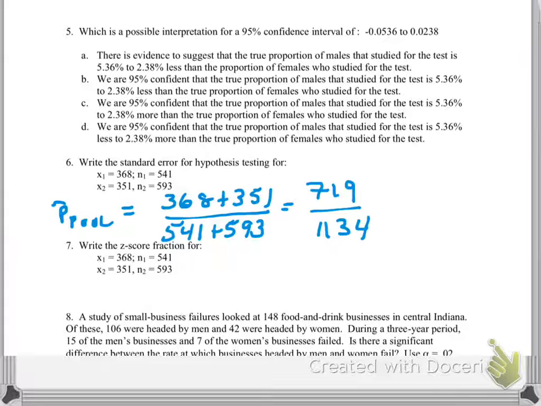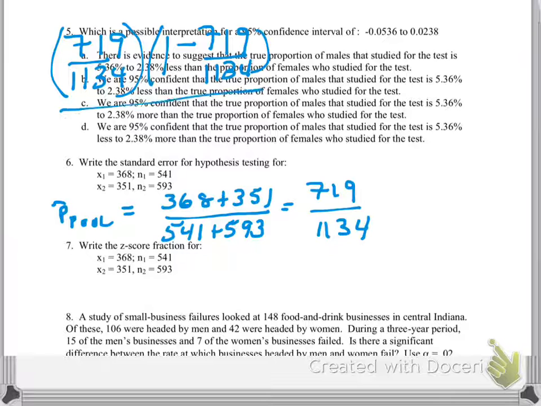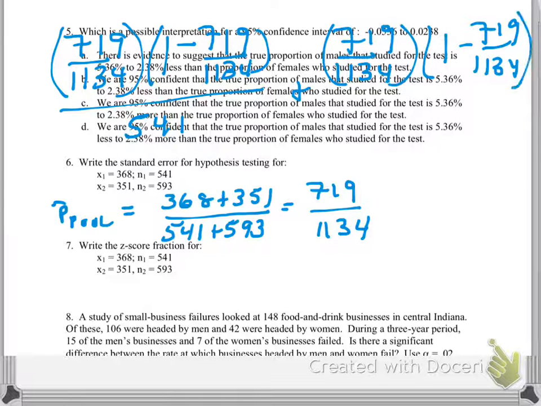So it's going to be 719 divided by 1134 times 1 minus 719 over 1134, divided by 541, plus 719 over 1134 times 1 minus 719 over 1134, divided by 593.